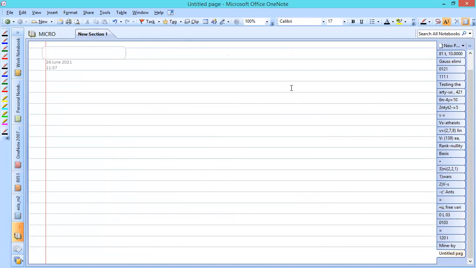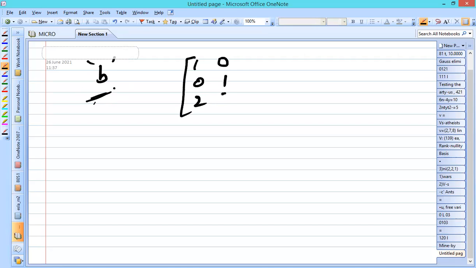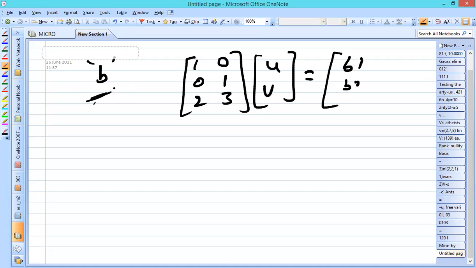Describe the set of attainable RHS b. We have to define this b for the matrix 1 0 0 1 2 3 multiplied with u v, which is equal to, since there are 3 rows, b1, b2, b3, by finding the constraints on b that turn the third equation into 0.